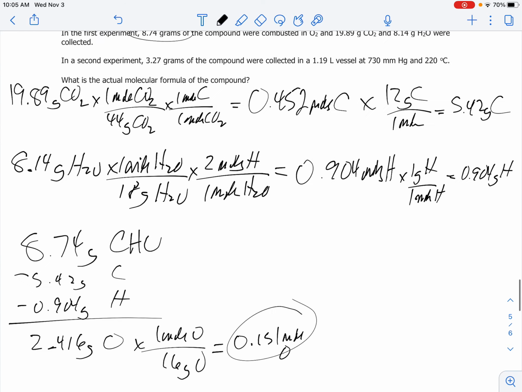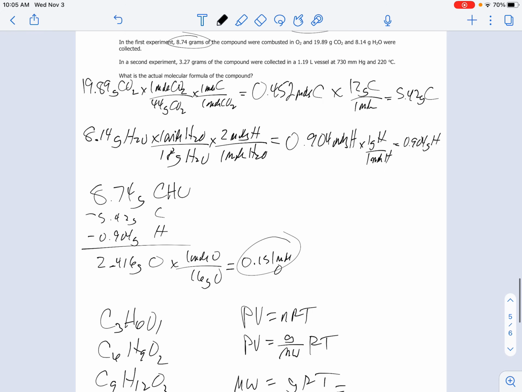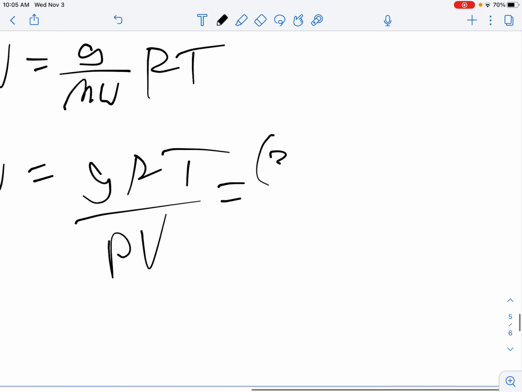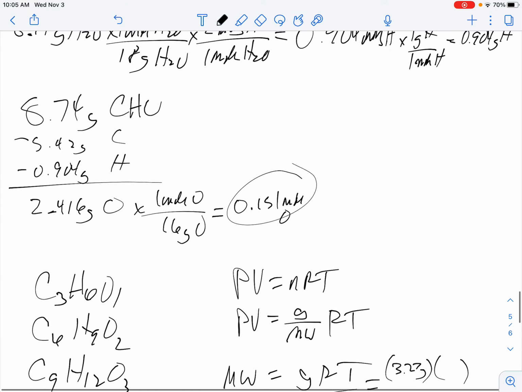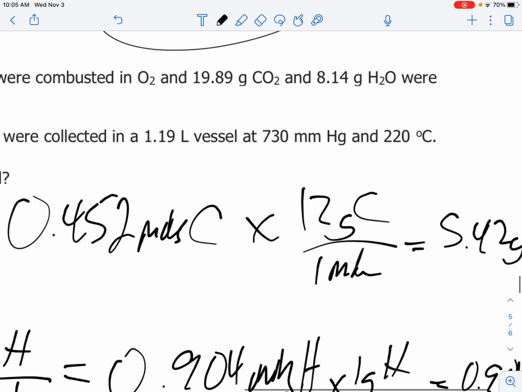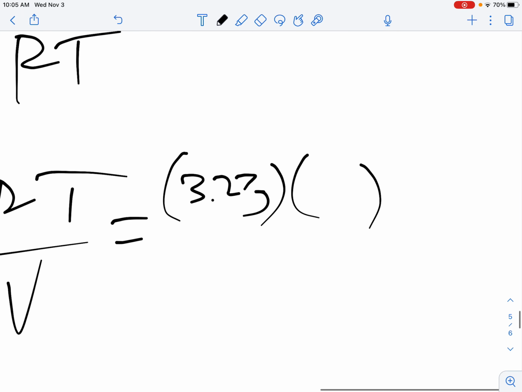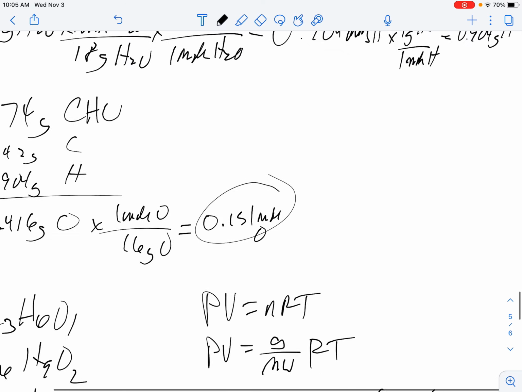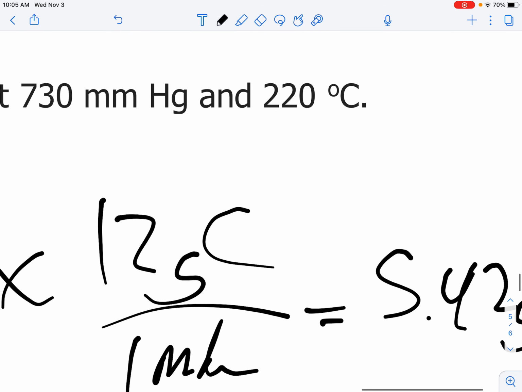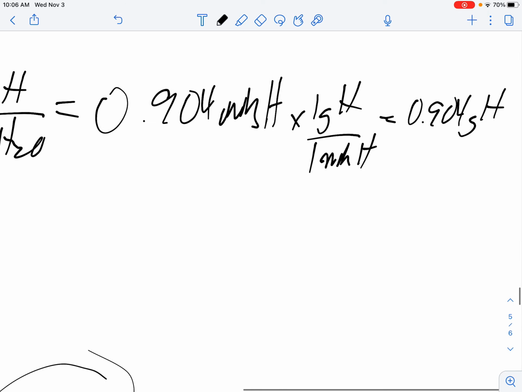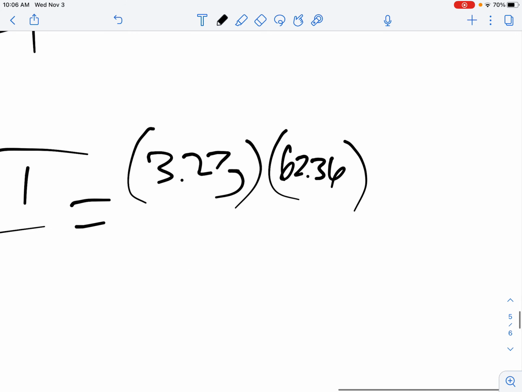So they told me in the second experiment that it was 3.27 grams. So I'm going to put in 3.27 grams. R is variable depending on what units you're using. It looks like we're using millimeters of mercury, so that would be the 62.36. Temperature is 220, so that's 220 plus 273 is 493 Kelvin. So I'm going to put in 493 Kelvin.